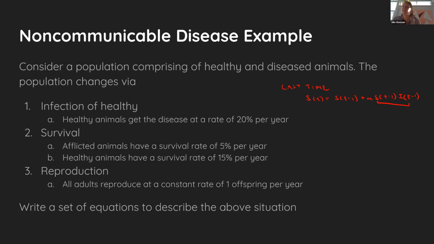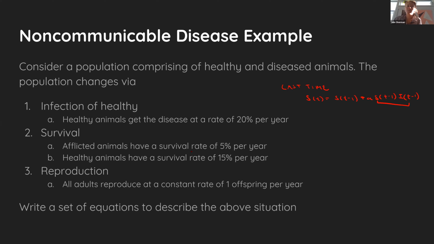So this says that if there are no infected individuals, then we can't gain new, oh, I think this was probably a minus, wasn't it? Well, anyway, the disease can't spread without infected individuals.